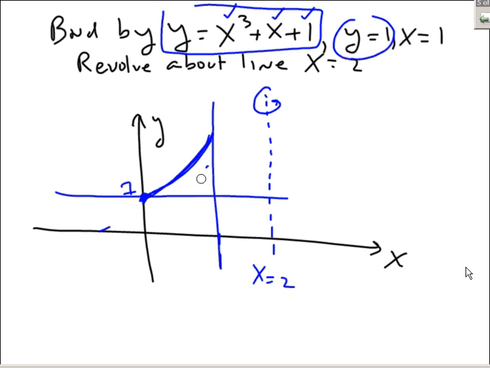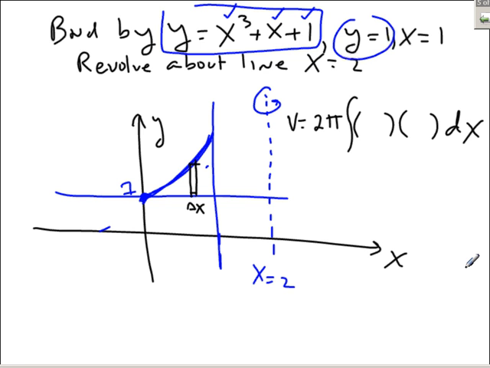Since we're revolving around a vertical line, x equals 2, we draw vertical strips. This is going to be a delta x. So the volume is 2 pi times the integral of the radius times the height times dx.